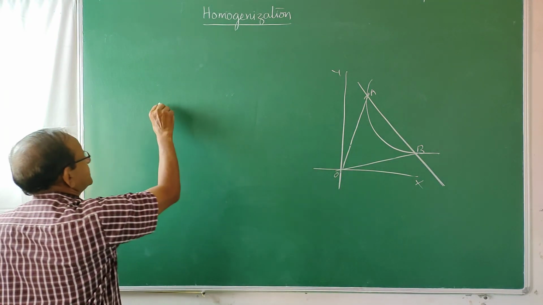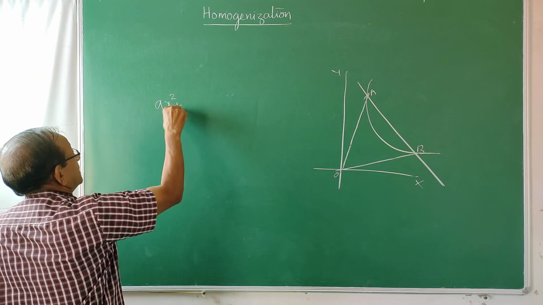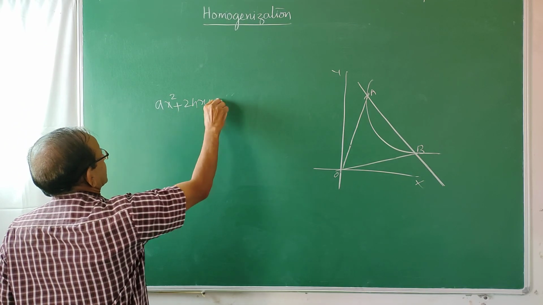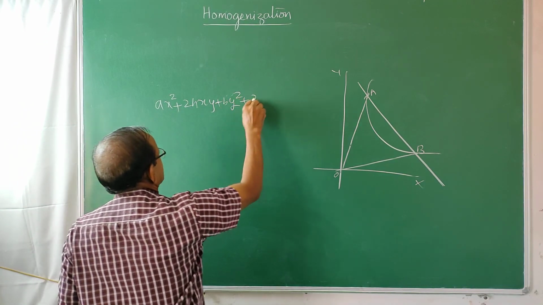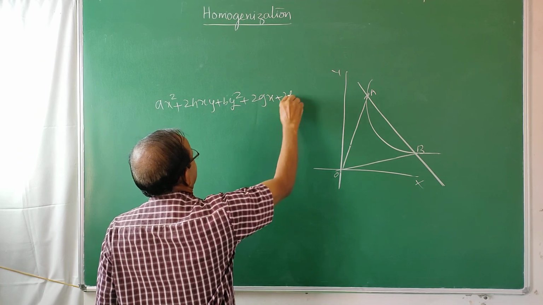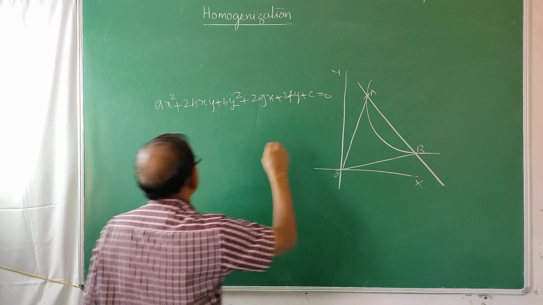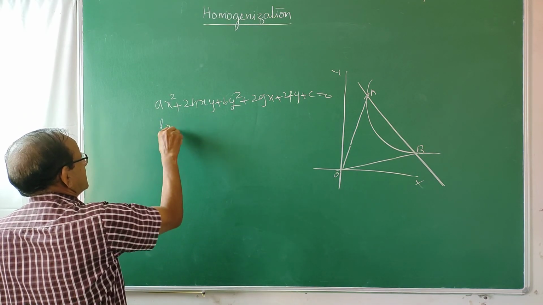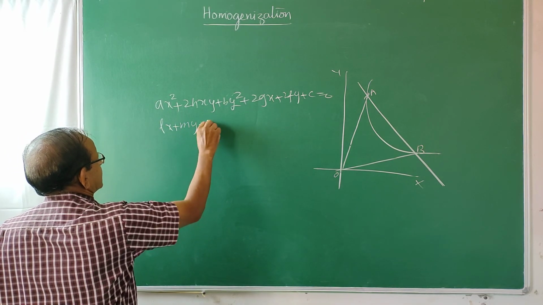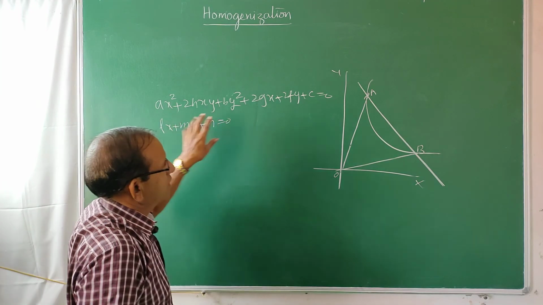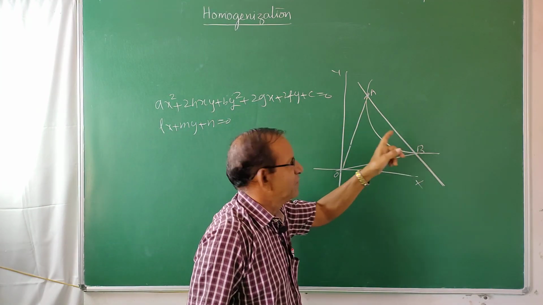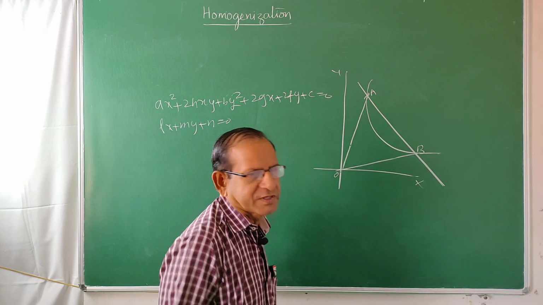Suppose the curve equation is like this: ax square plus 2hxy plus by square plus 2gx plus 2fy plus c is equal to 0. And this line is, let us take that line as lx plus my plus n is equal to 0. These two are intersecting at A and B. We have to get OA and OB combined equation.